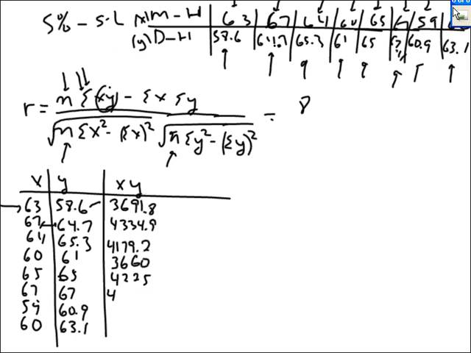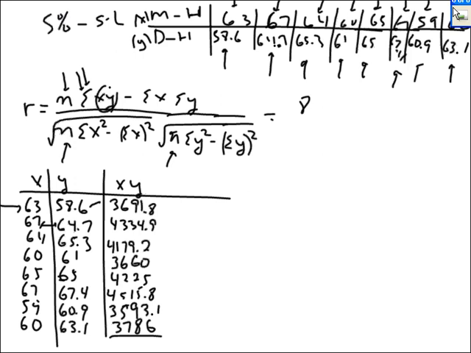The next one, 67 times 67.4, that's a typo. That's going to be 4515.8. The next one is 3593.1. The last one is 3786.